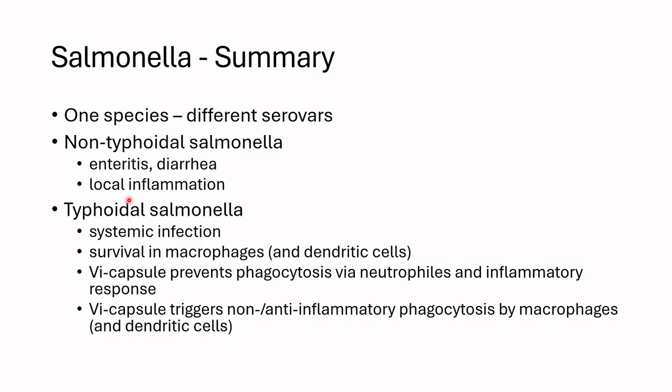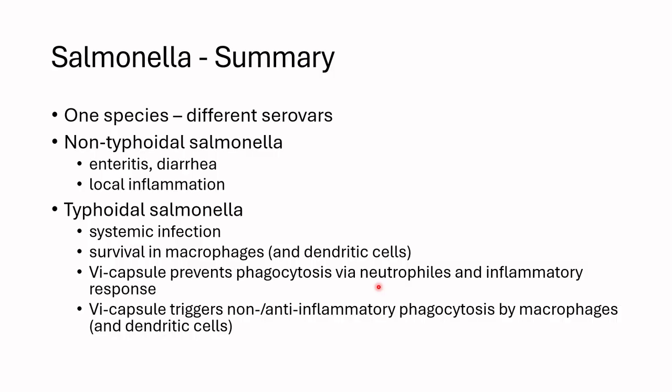This is a systemic infection, associated with the survival of Salmonella in macrophages and also in dendritic cells. Somewhere early on I may have said in phagocytes. That's too imprecise, because we then talked about the very important role of the Vi capsule, which prevents phagocytosis by neutrophils.